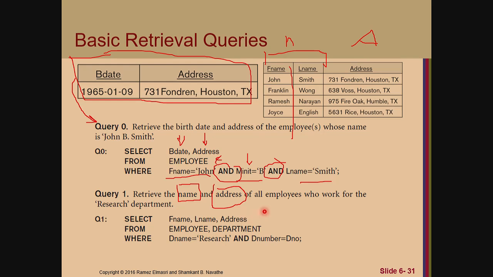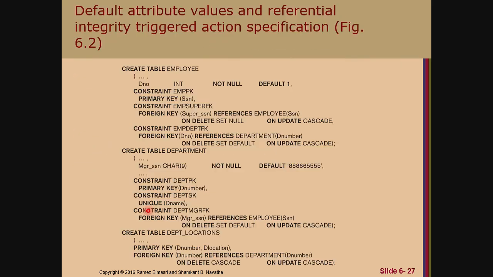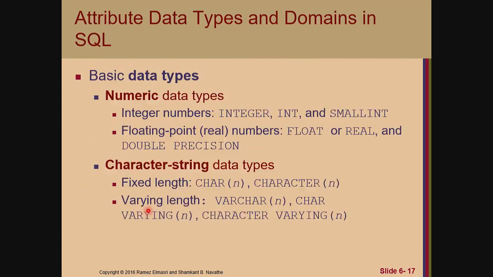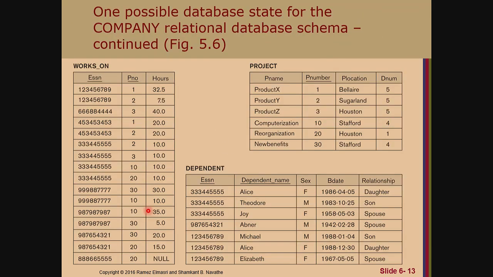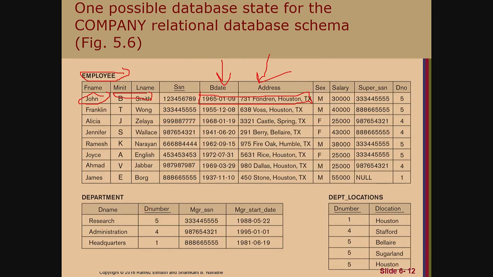But you have to understand that the condition is about the research department name. In the employee table, do you have the information about the department name or not? If we go back to the database table employee, do you know the name of the department that the employee belongs to?